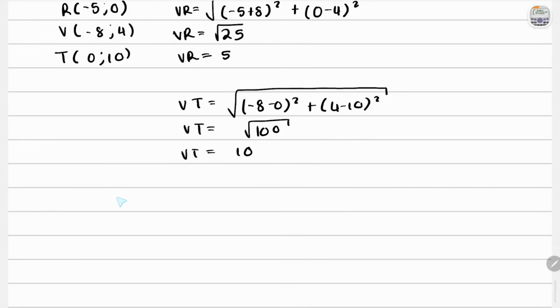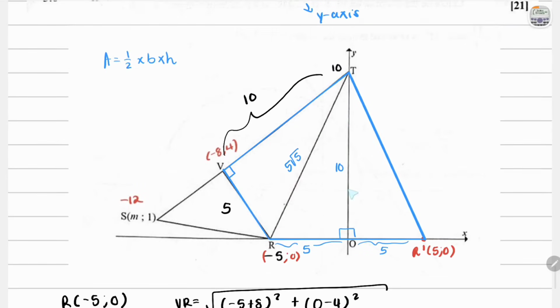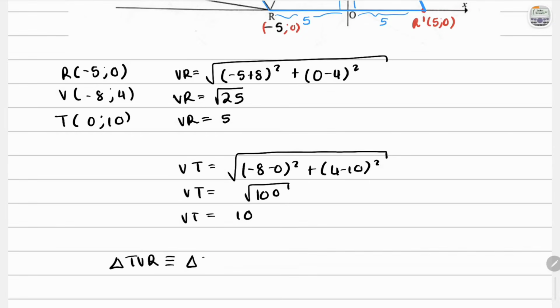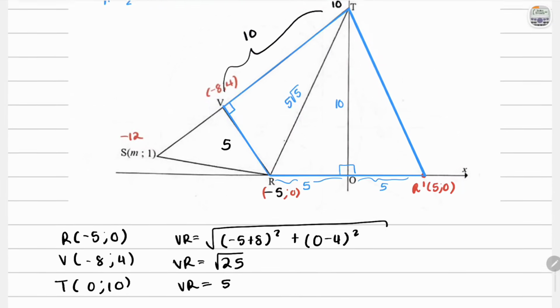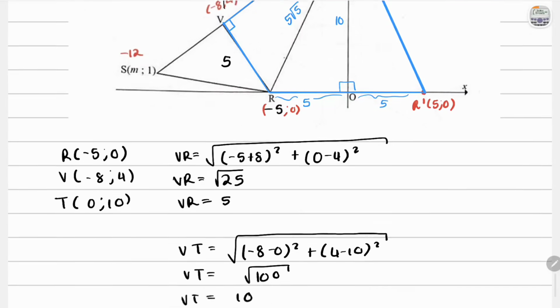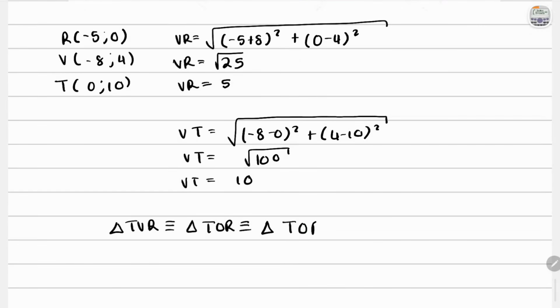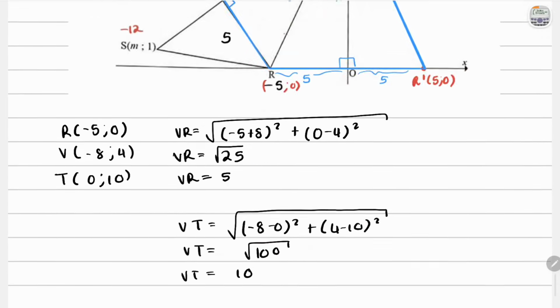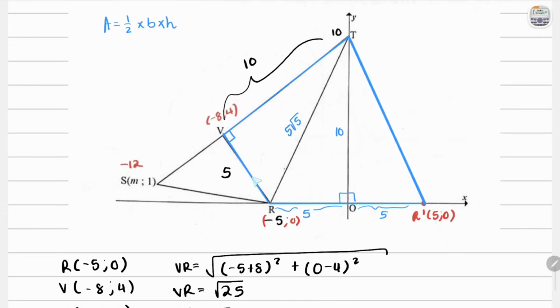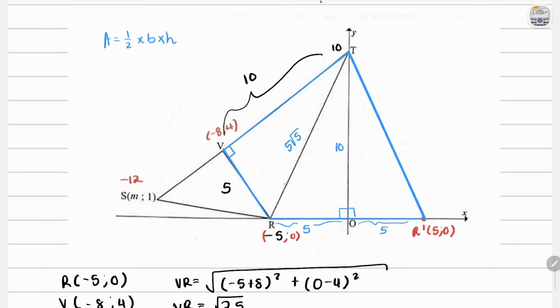So triangle TVR is congruent to triangle TOR, which is also congruent to triangle TOR prime. Because all three triangles are congruent, all their bases and heights are exactly the same, so their areas are going to be equal.